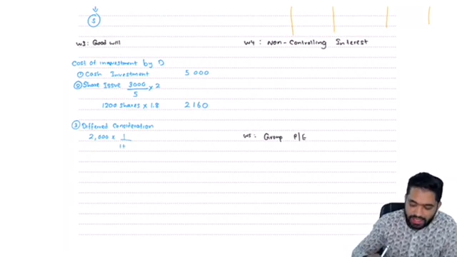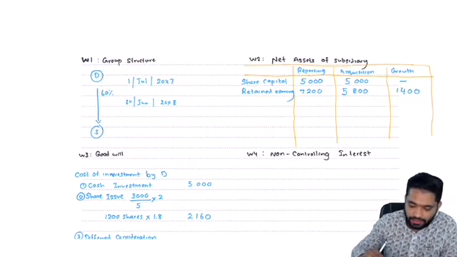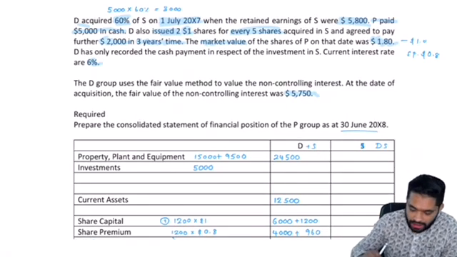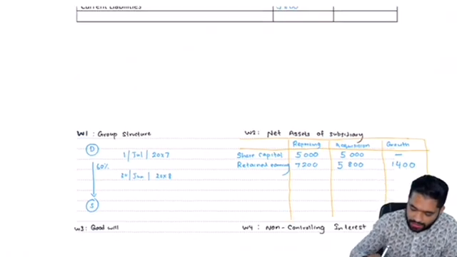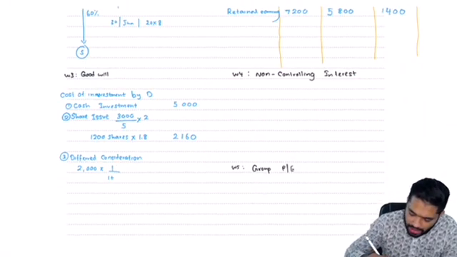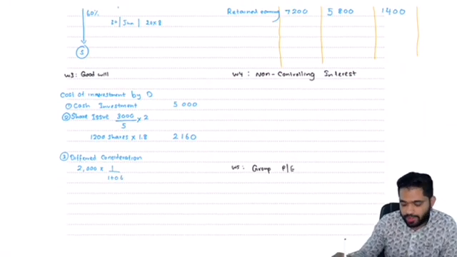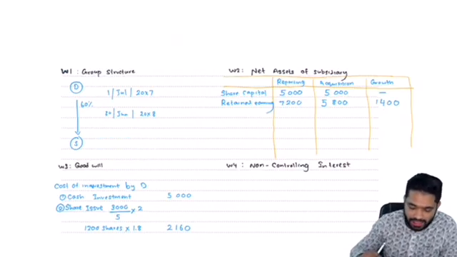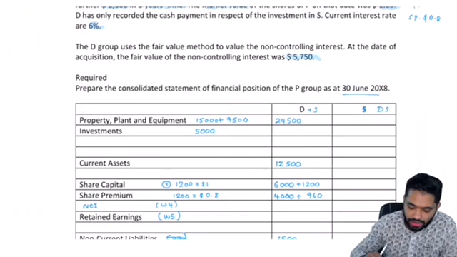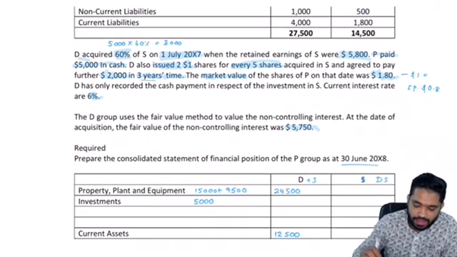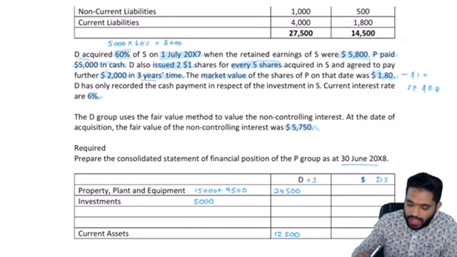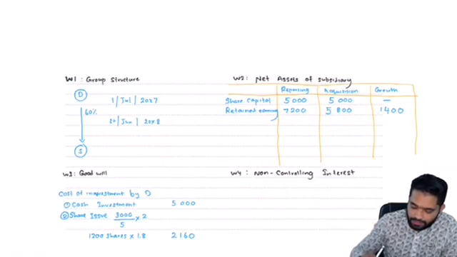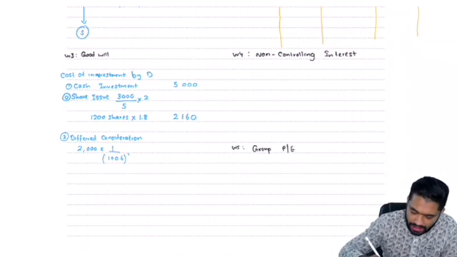The rate here is going to be 6%, and the number of years, n, is going to be 3.